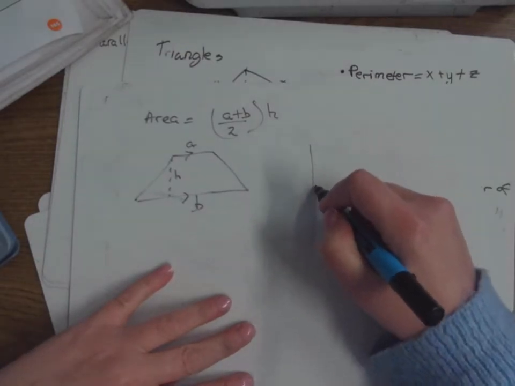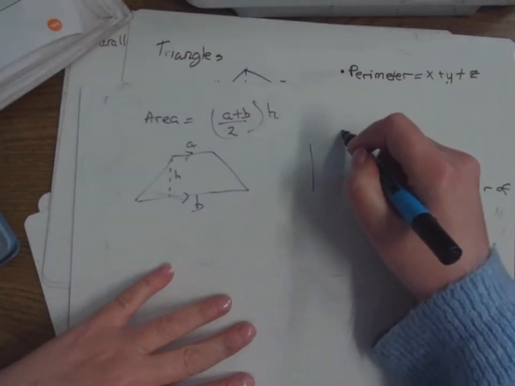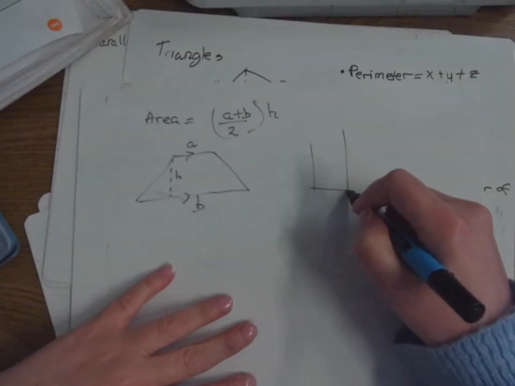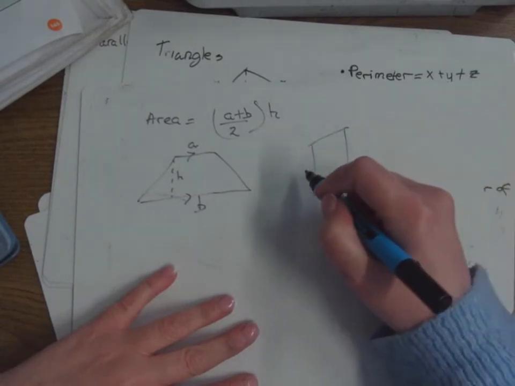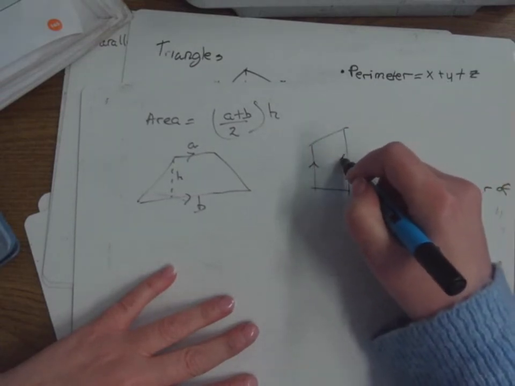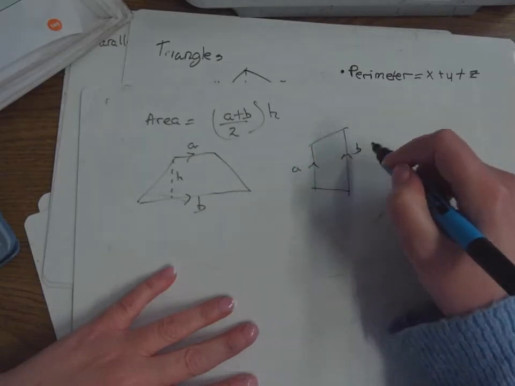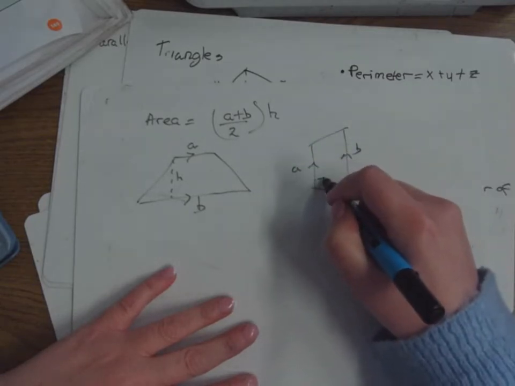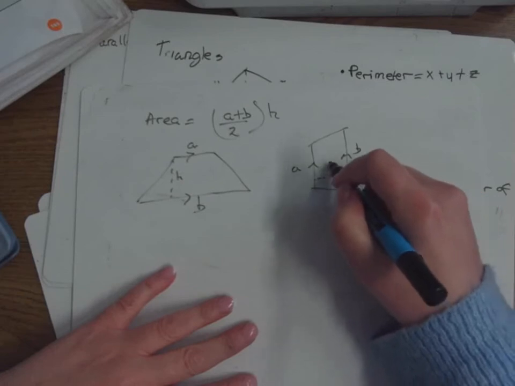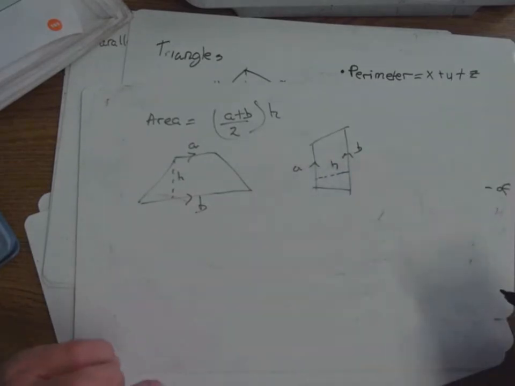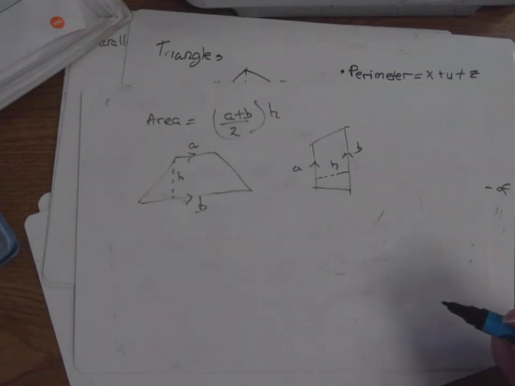So if it was a trapezium like so, A would be the length of one of the parallel lines, B the length of the other, and H the perpendicular distance between the two lines. Is that okay? Right, and you just fill out the formula, there isn't a lot to it.